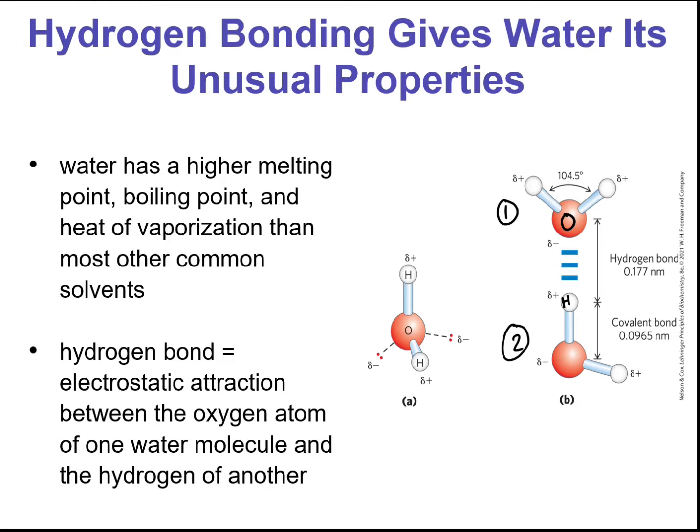You'll notice that the distance between these 2 molecules is much greater than the distance between the hydrogen and oxygen within a water molecule. So that covalent bond is short and strong. Hydrogen bond is longer and weaker.